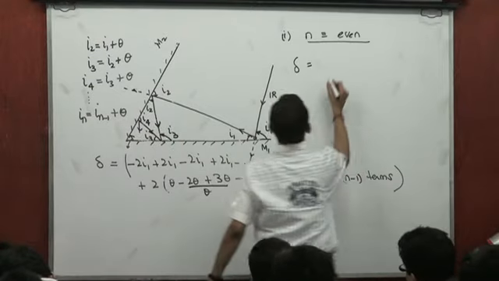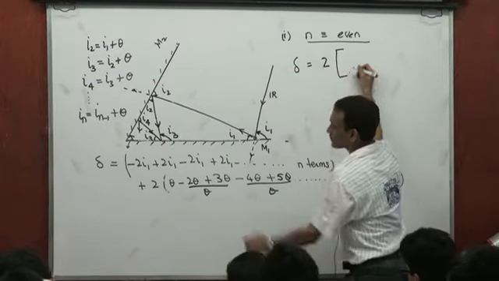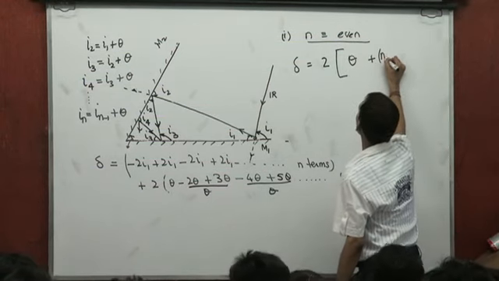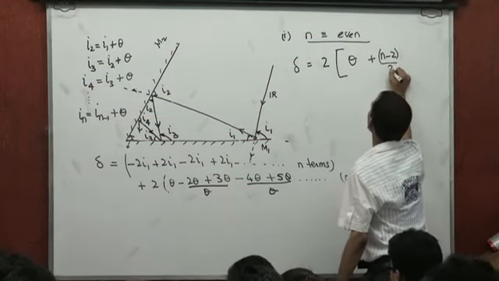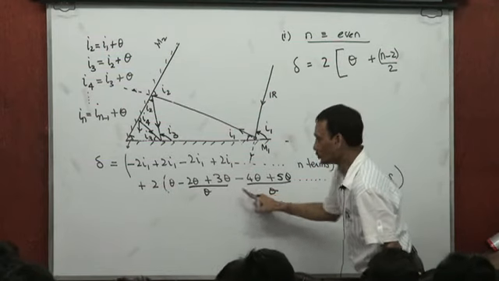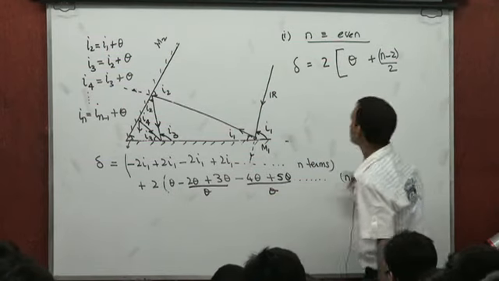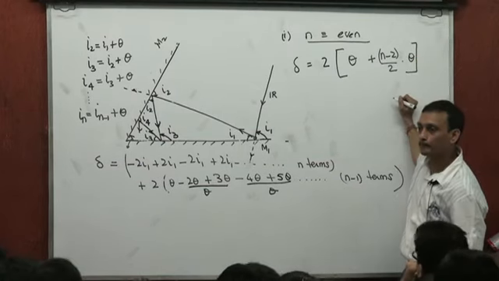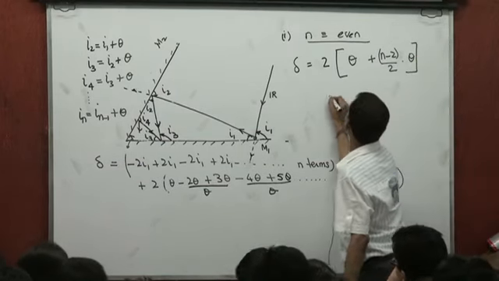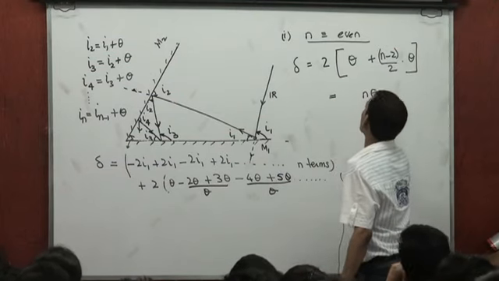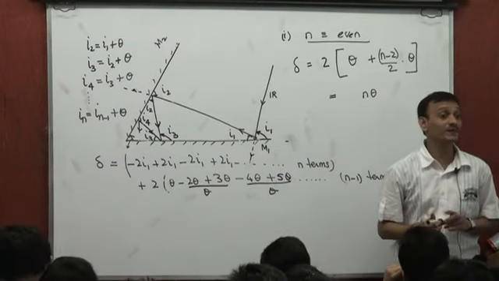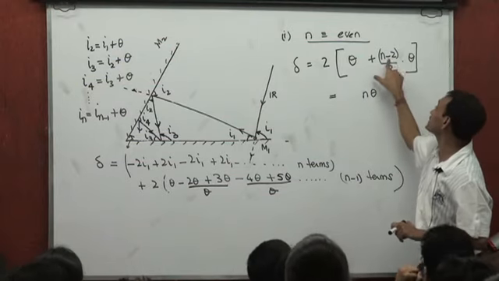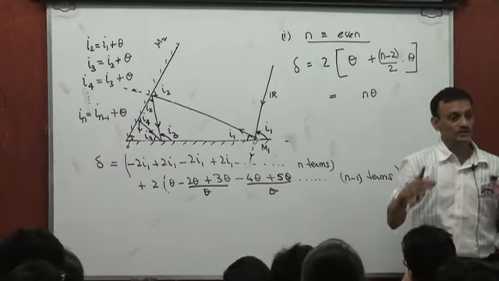So then we have twice theta, which is unattended, and then the number of pairs is n minus 2 by 2, and each pair adds up to theta. Right? Which then turns out to be n theta. When n is even, it turns out to be n theta. Because see, this theta gets cancelled, simply this n theta into 2, etc.